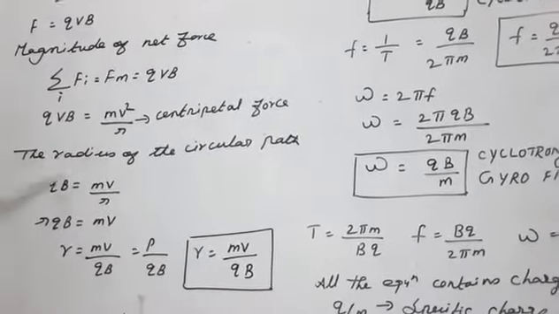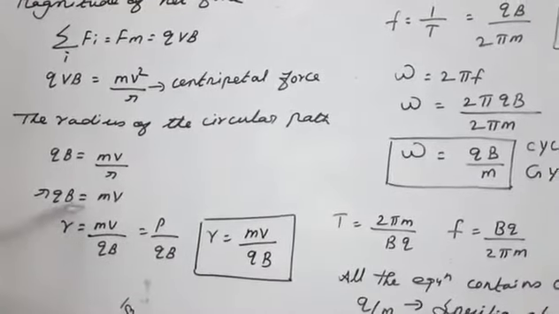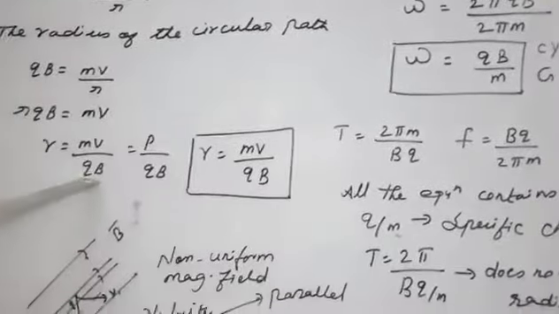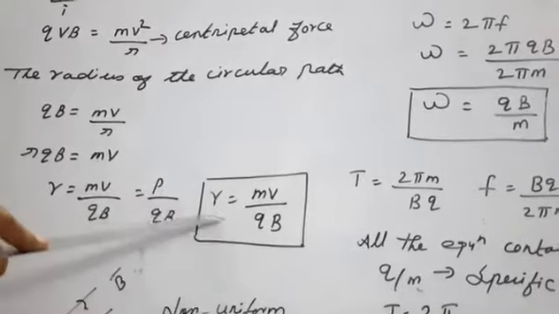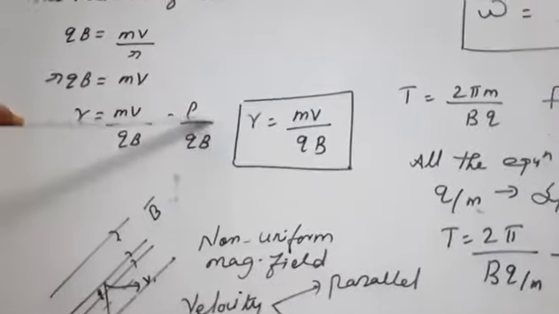Therefore, qb equals mv by r, and rqb equals mv. Therefore, r equals mv by qb. mv is nothing but momentum, so instead I am going to write p by qb. Therefore, r equals p by qb.